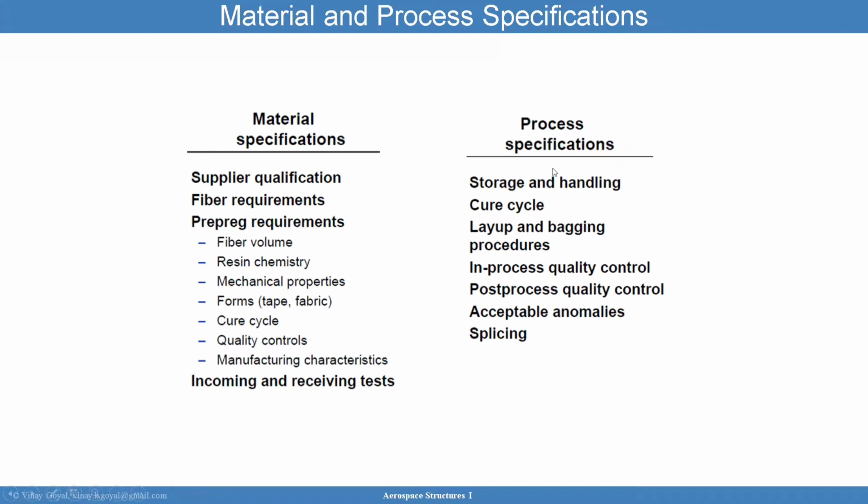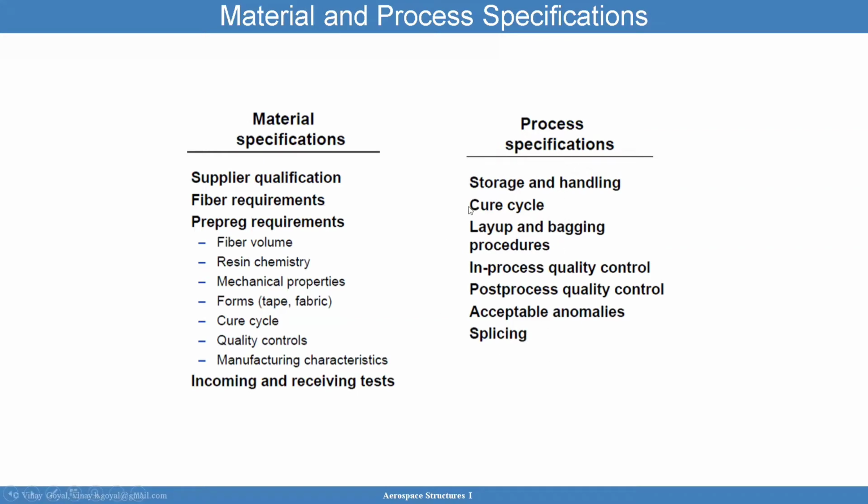Process specifications is extremely important. Process specifications include storage and handling, the cure cycle, how you lay up and bag the materials, the in-process quality controls I talked about earlier, which is like tagging tests and witness panel test, post-processing quality control, such as inspections, and then you have acceptable anomalies and splicing.